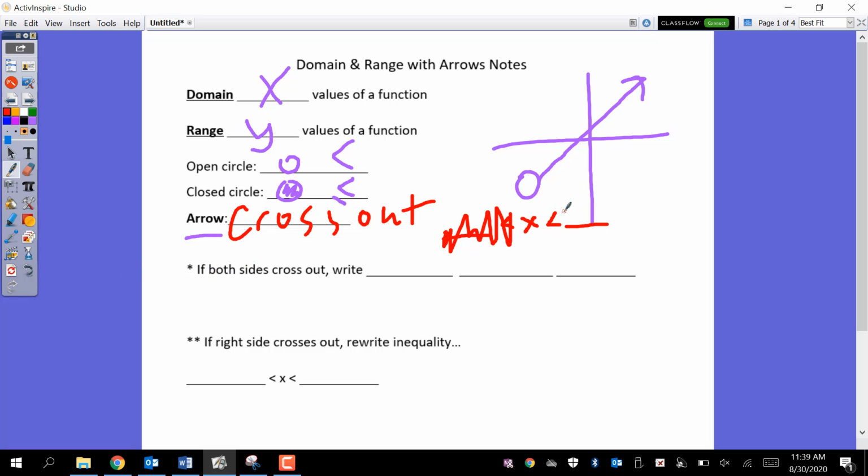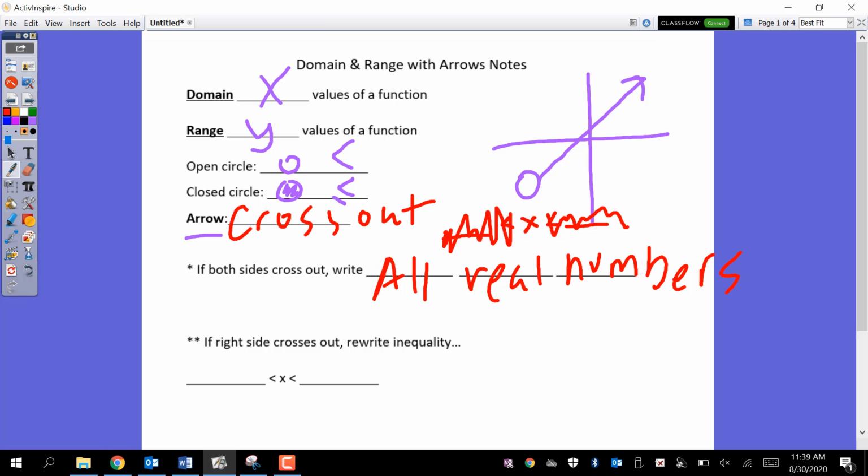If both of the sides cross out, then what you're going to write is all real numbers, because that means your graph is on all of the numbers that there are, not just on a certain section of numbers.